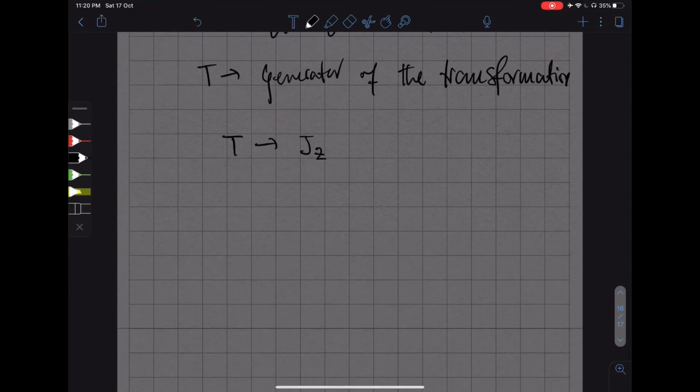Similarly, if we are talking about translation in time, then T will be given by the Hamiltonian. Of course, this is related to the fact that the energy of a system is conserved if the system is time invariant.